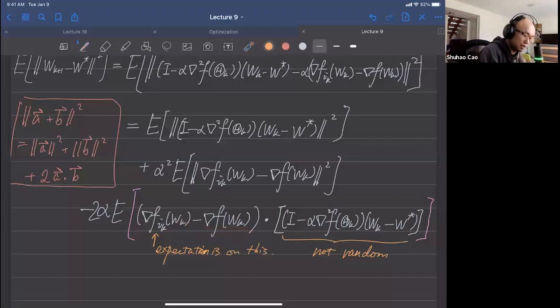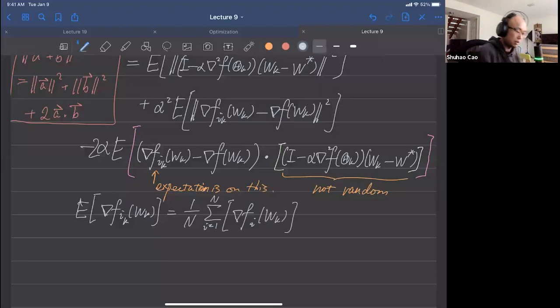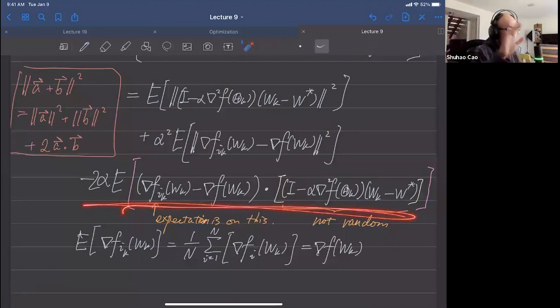Okay, so the expectation of this is 1 over n, the sum over all n, of the gradient of Fi. So it actually equals the overall gradient, which means the third term, the cross term, actually is 0. So this term becomes 0, so it's gone, and it's actually one of the keys in the proof.